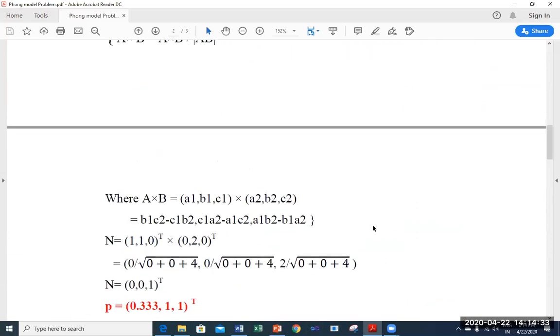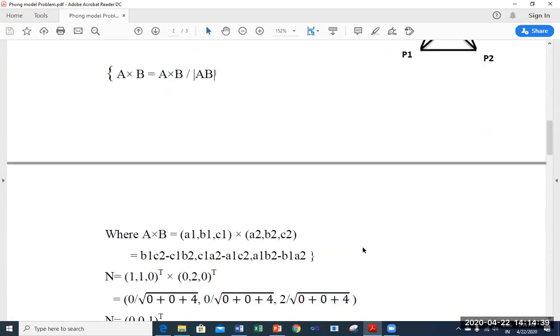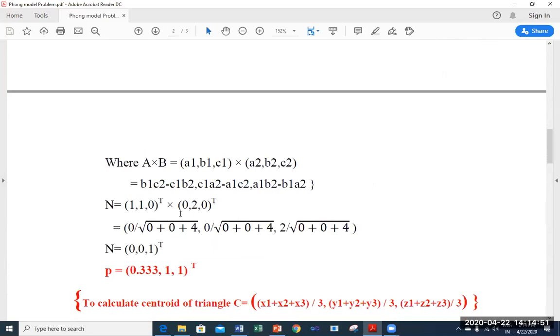Which means putting it into matrix form, where you write A cross B with rows A1, B1, C1, then A2, B2, C2, and 1, 1, 1. Put into the matrix, you get the terms with respect to A1, B1, C1 and similarly your cross product value.